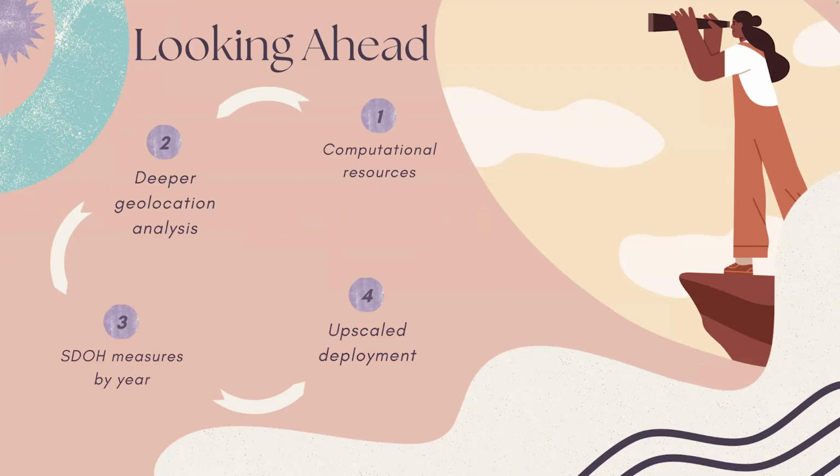May also want to look up the SDOH measures by year because it was provided as a range. So the year column had to be dropped entirely because a range can't be used in a numeric column like that. And then also just upscale the deployment, include more interactive visuals, deeper analysis, and so on.